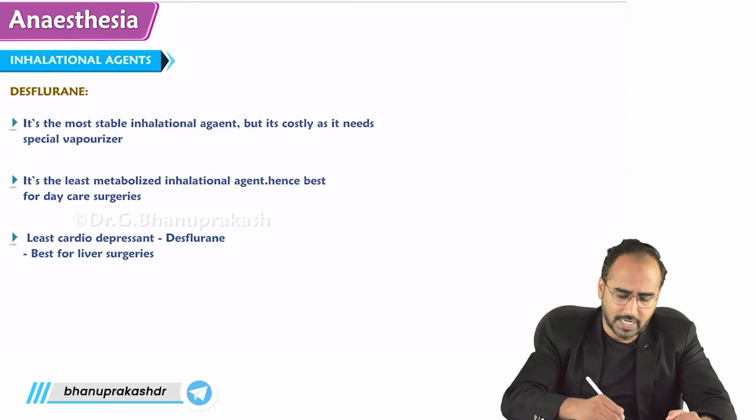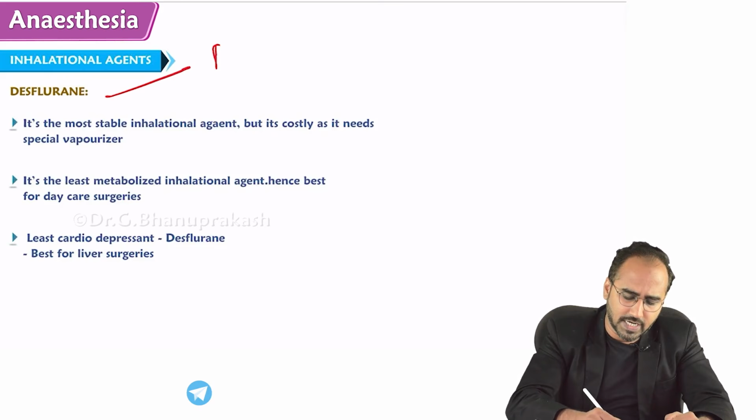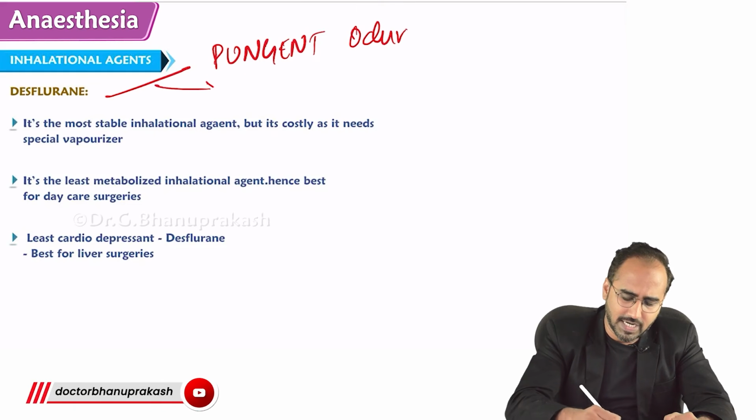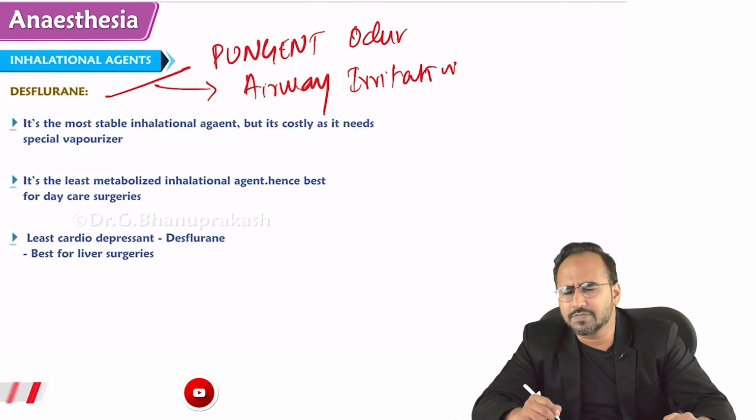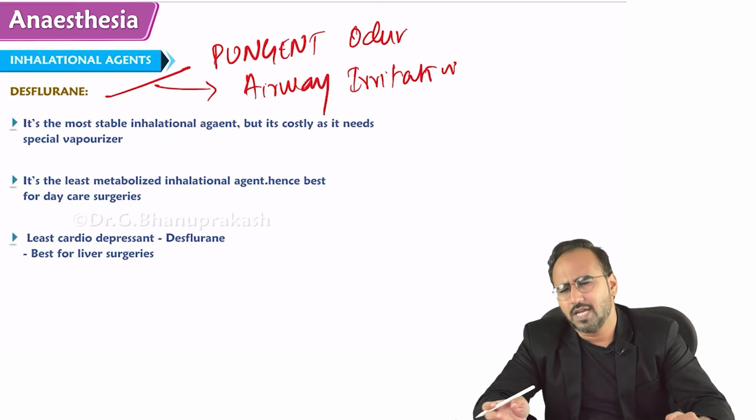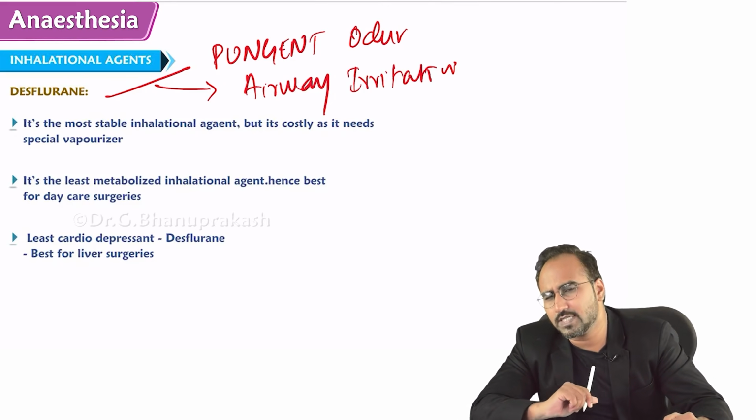Next is desflurane, the agent which has a pungent odor which causes airway irritation. It is always desflurane. What comes to your mind regarding desflurane? It is the best agent for what diseases?